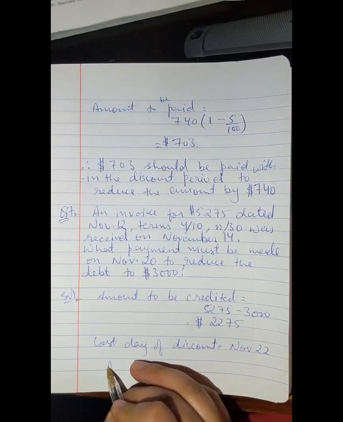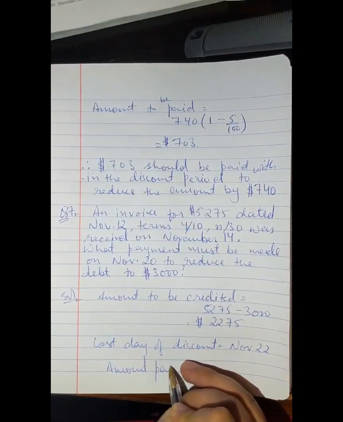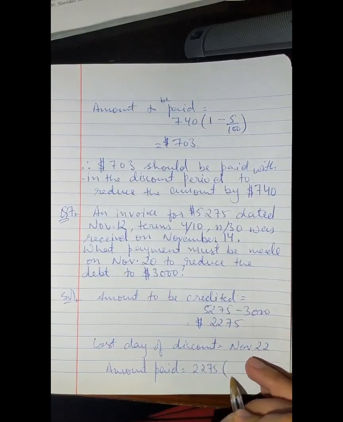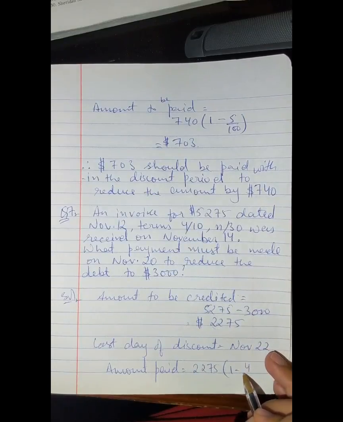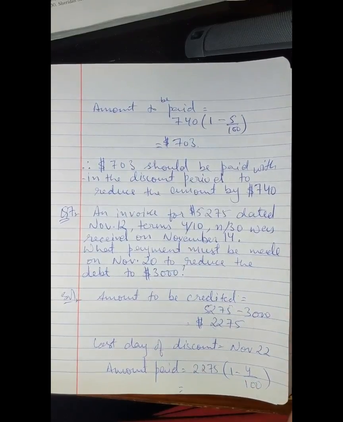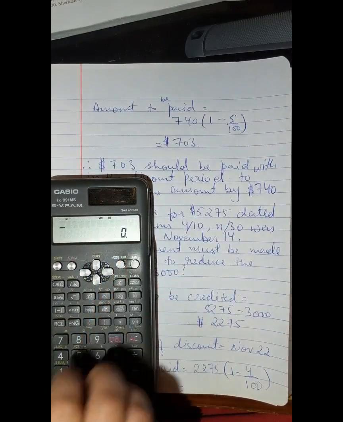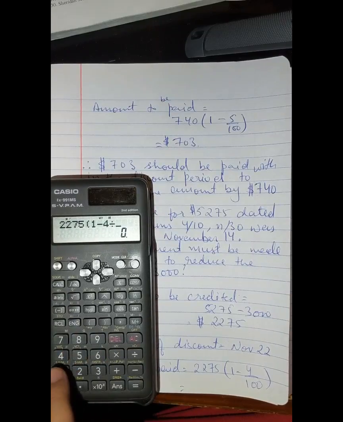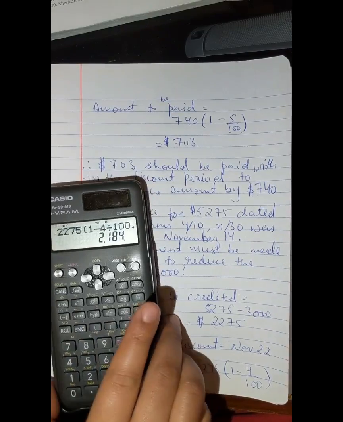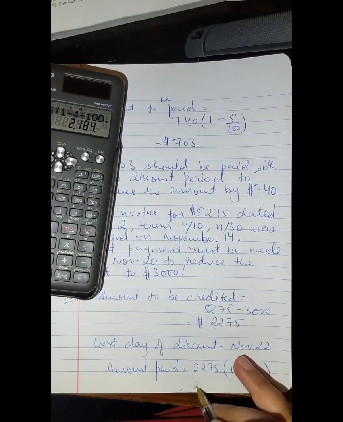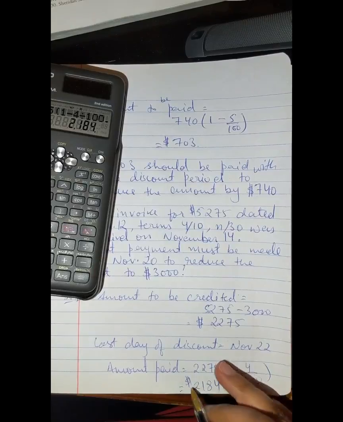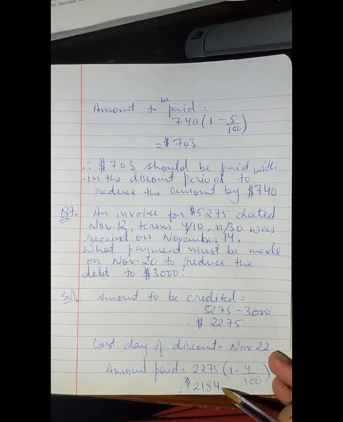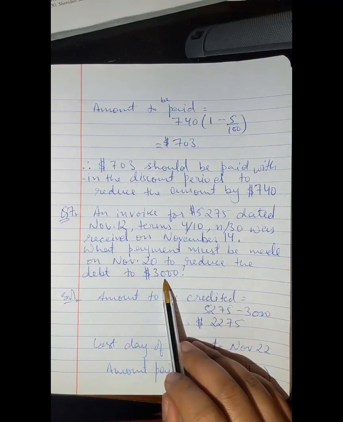Amount paid is 2275 times (1 minus 4 divided by 100), which is 2184. So if I pay this amount, my invoice will reduce to $3,000.